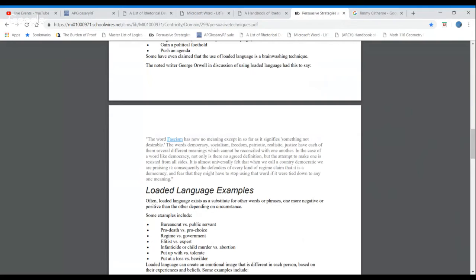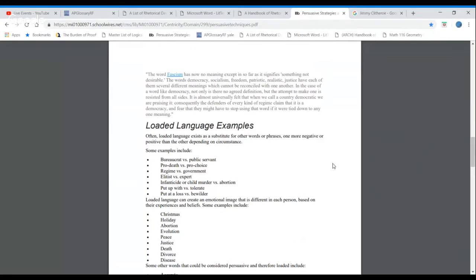It is almost universally felt that when we call a country democratic, we are praising it. Consequently, the defenders of every kind of regime claim that it is a democracy and fear that they might have to stop using that word if it were tied down to any one meaning.